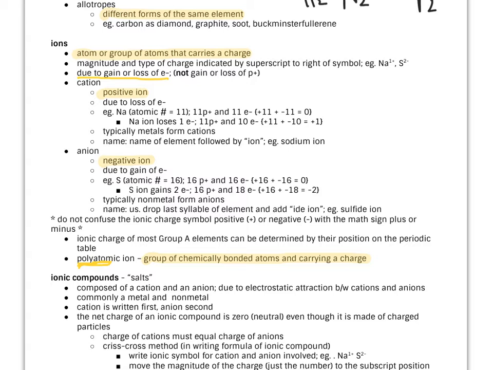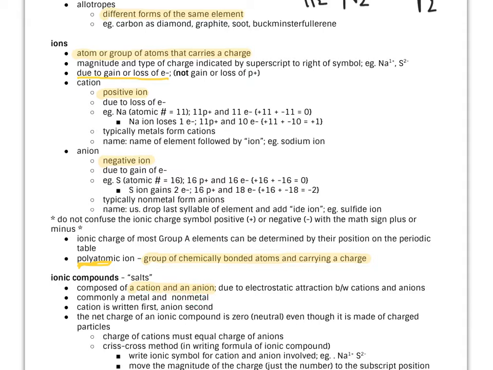So now that we got ions down, let's talk about ionic compounds. So ions are just elements or groups of atoms that carry charge, but compounds are composed of a cation and an anion. Remember, cation is the positive ion, and anion is the negative ion.